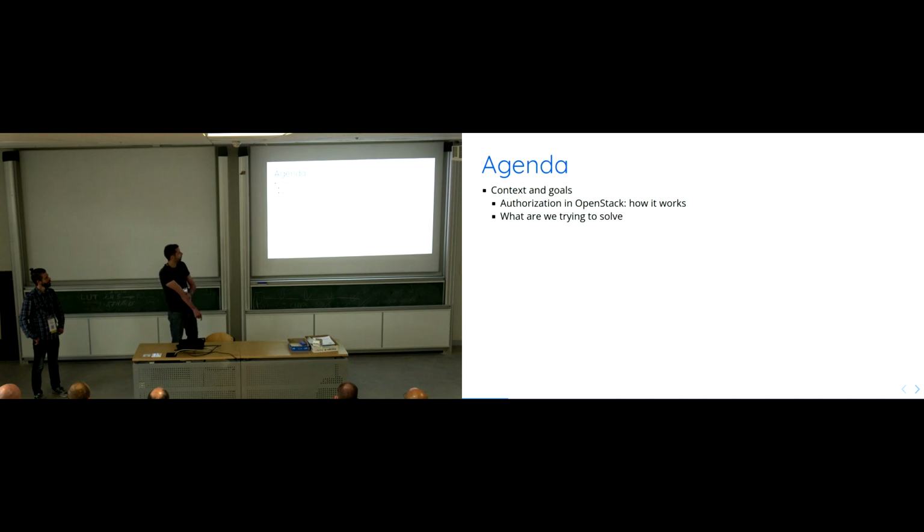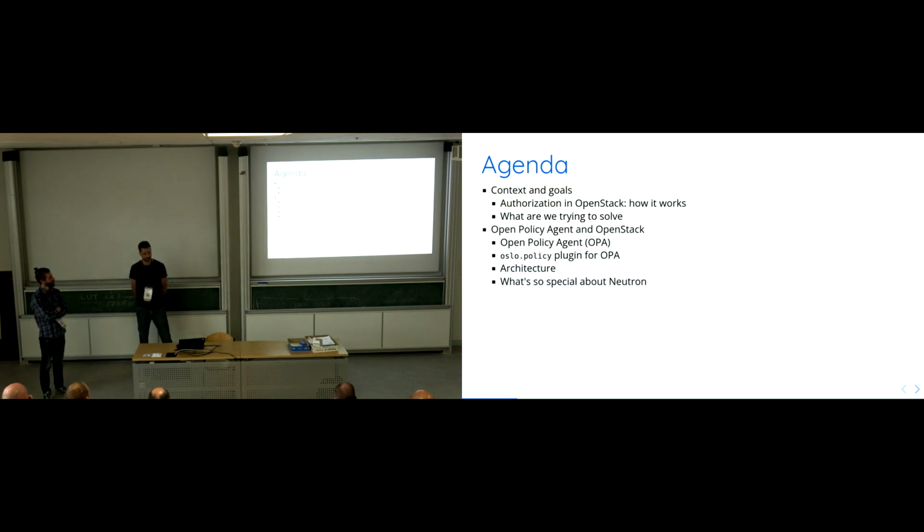So the agenda today will start with giving some context about, I think maybe you know already if you operate a cloud, but we go quickly through that about how authorization works in OpenStack. And what we are trying to solve, how we ended up with this OPA thing for OpenStack.